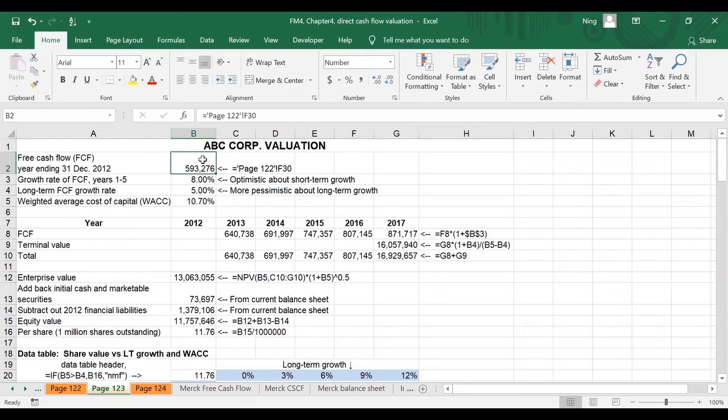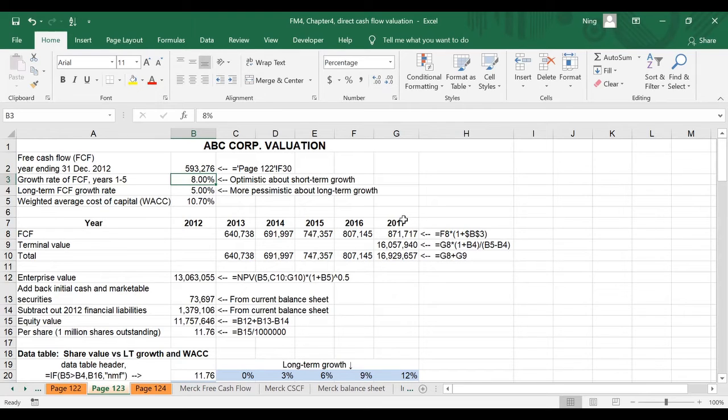The assumption we made is that within the lifespan of this project, the free cash flow will grow at a steady rate of 8%. And after the termination of this project at the end of year 5, the investment we made for this project, such as plants and machineries, will continue to churn out cash flows for the company.